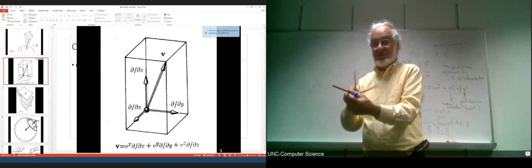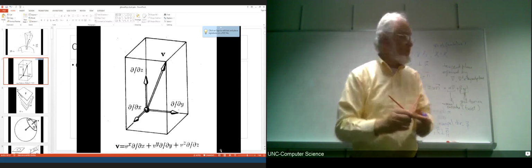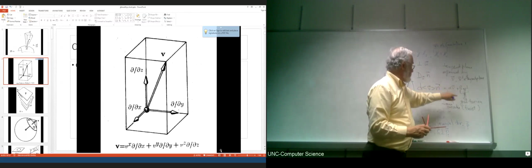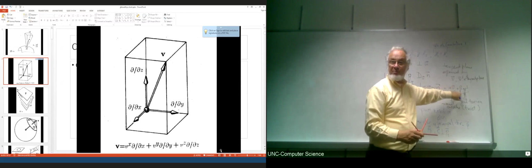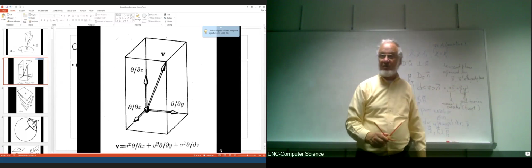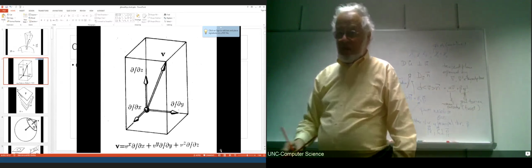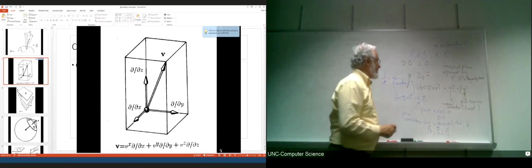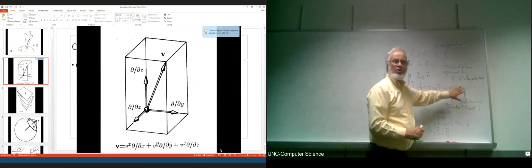All that happens is this. So they're the ones where alpha is equal to 0, whereas the principal directions are ones where beta is equal to 0.